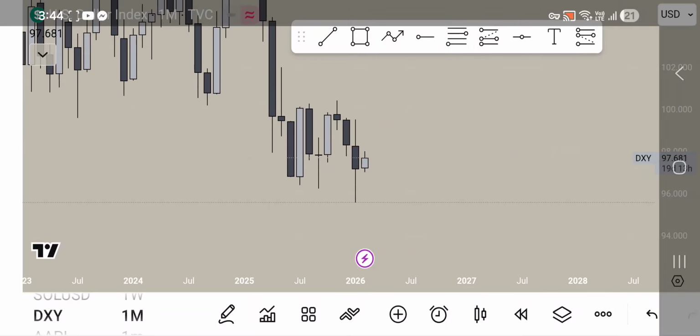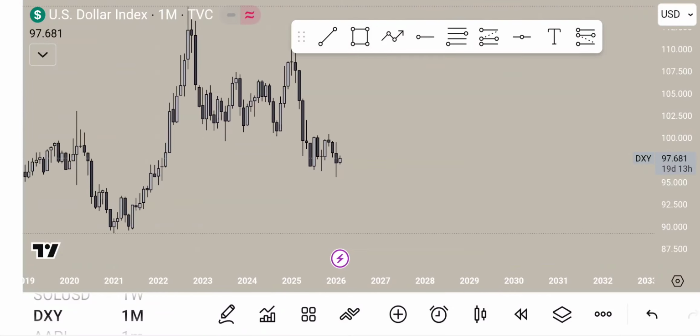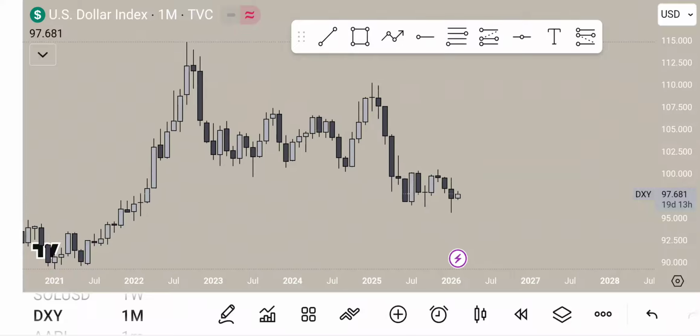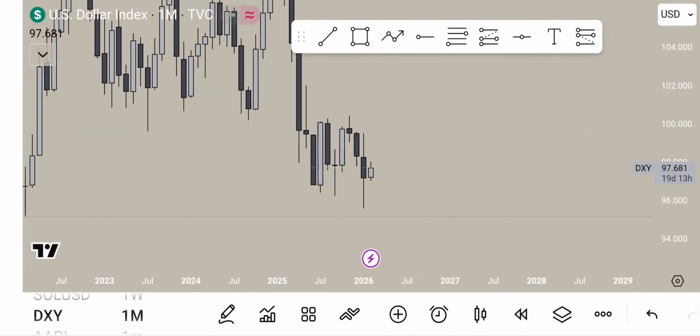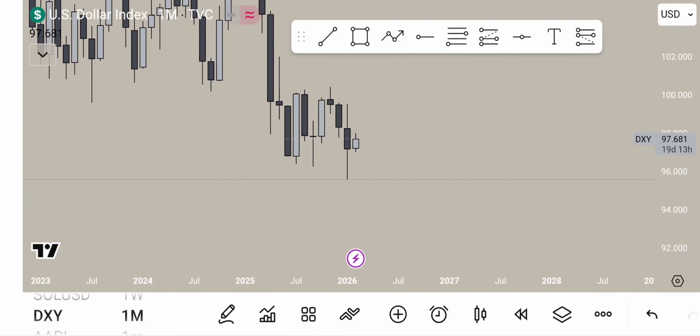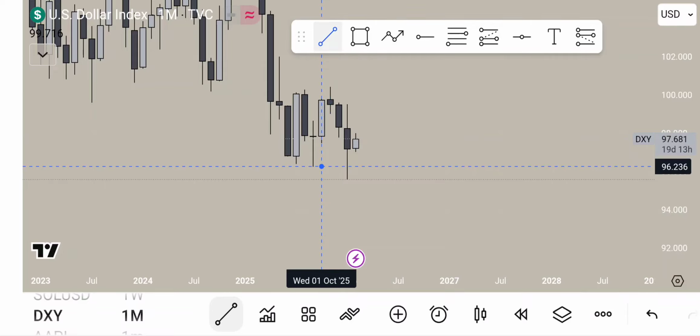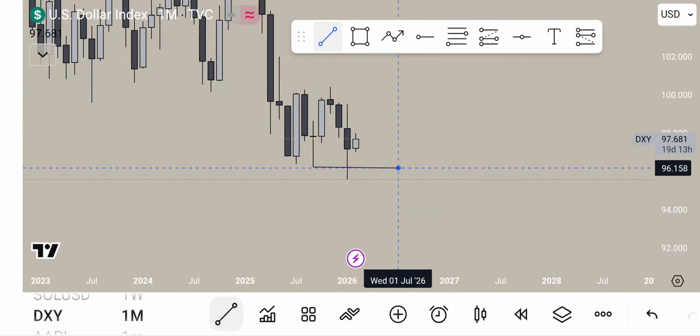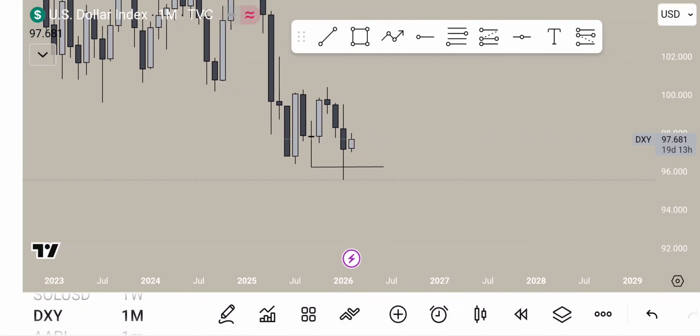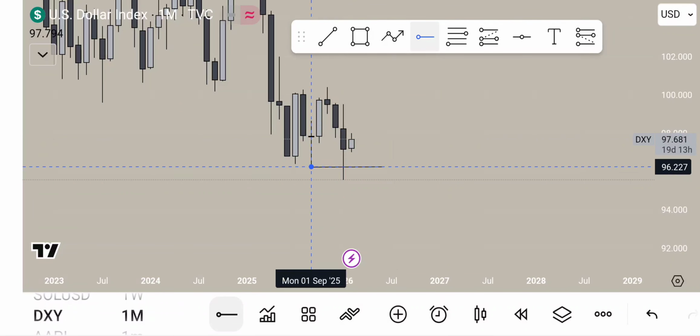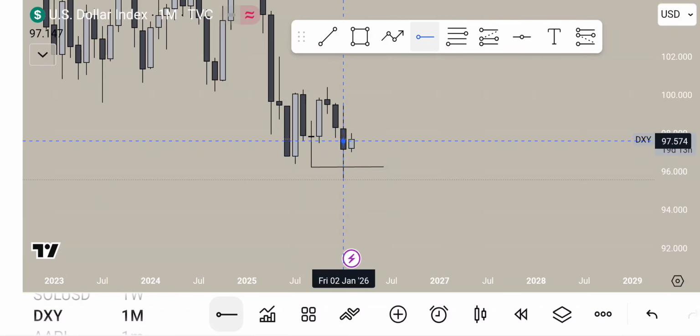So if I am on a monthly time frame, you will see there is a run on liquidity here. The month of February, which is this candle that came and swept this 2025 low and then closed as a contraction.